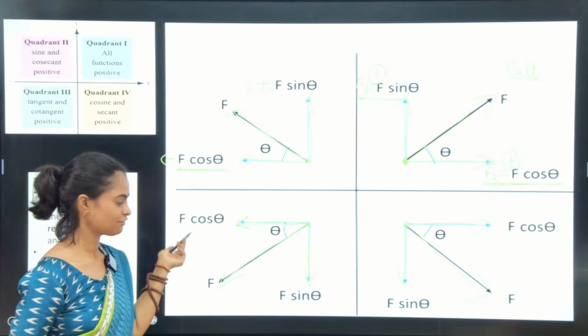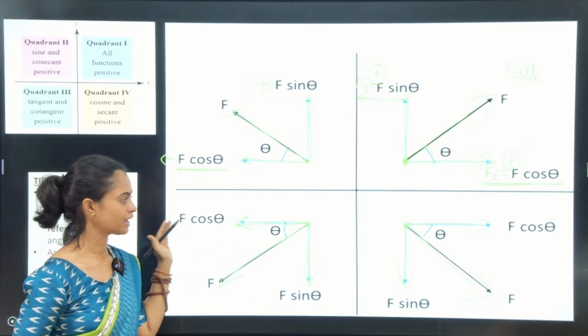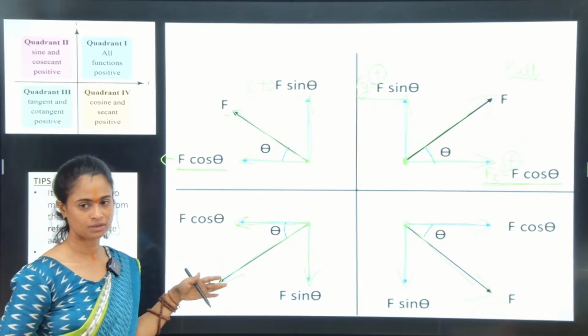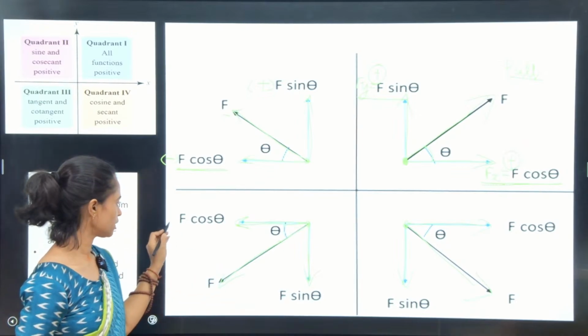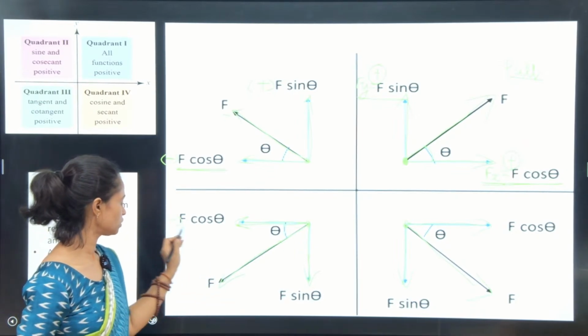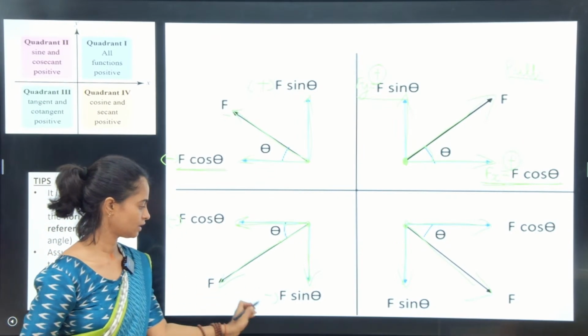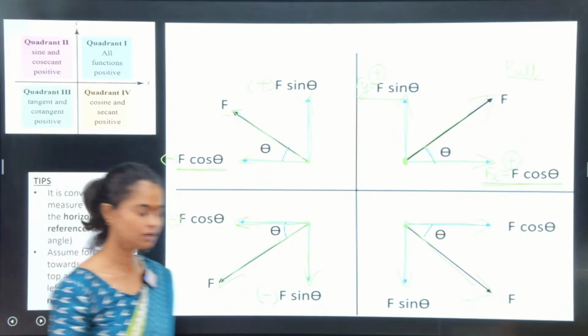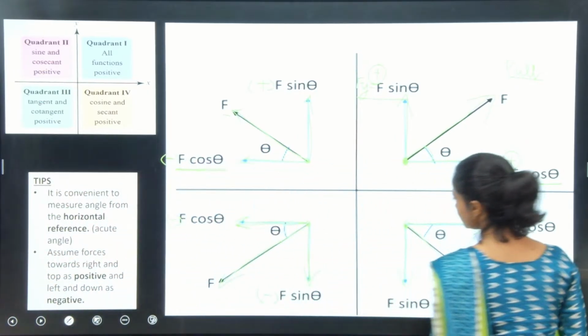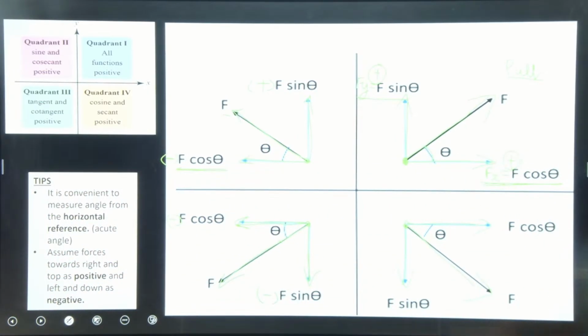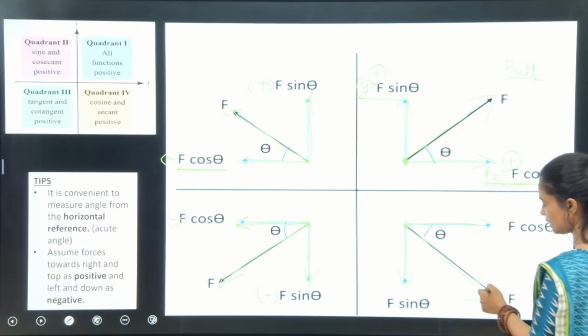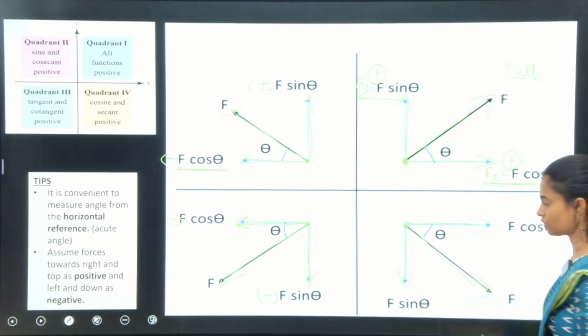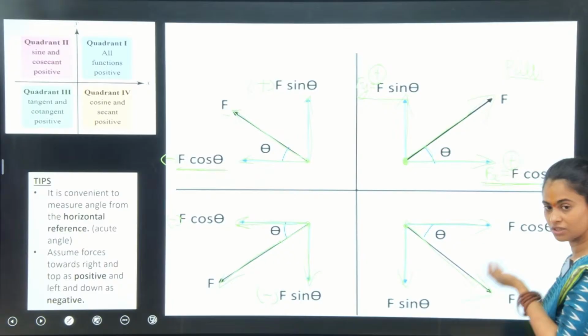Since both these Fx and Fy components are acting along the negative axis, I can take both of them as negative. Clear?